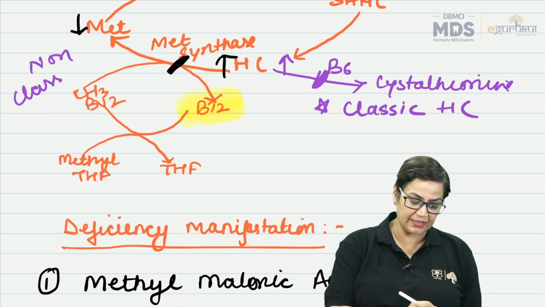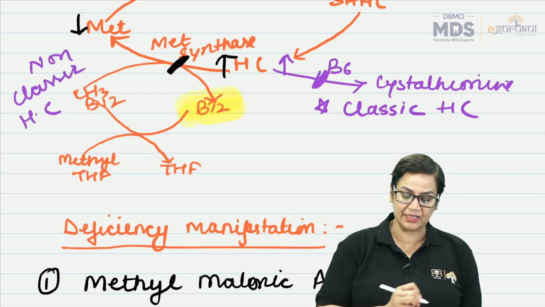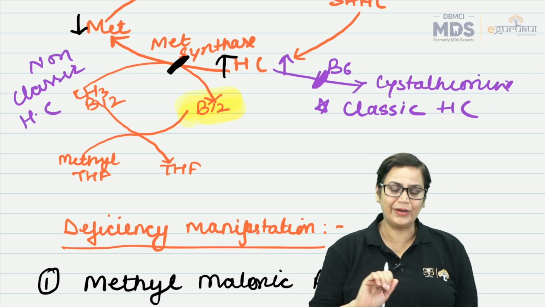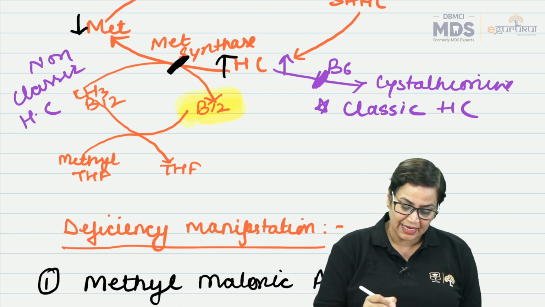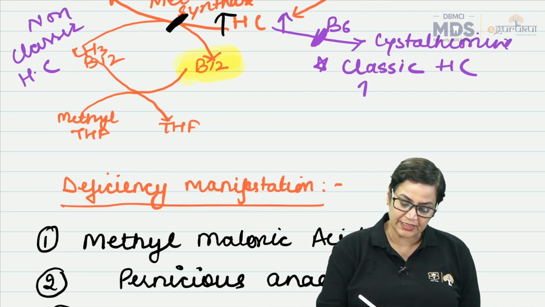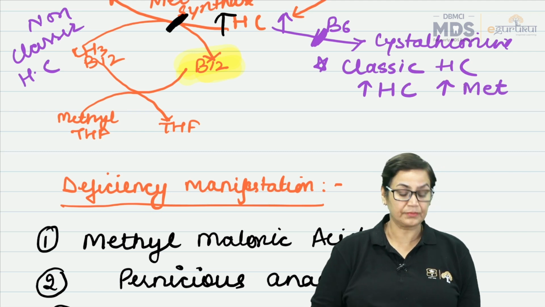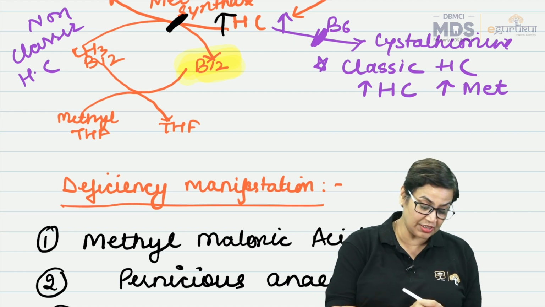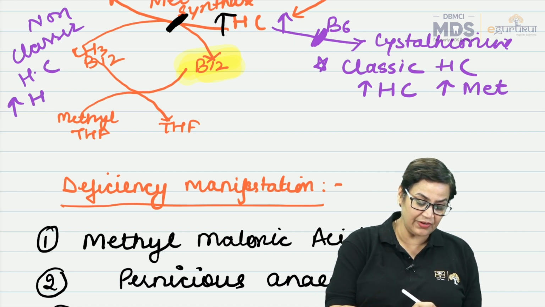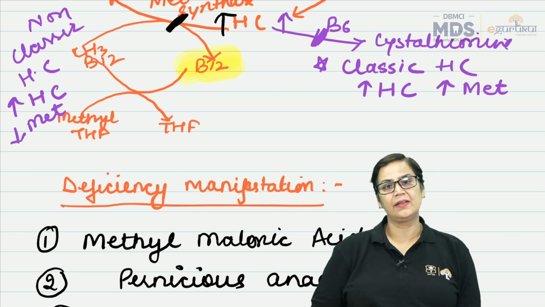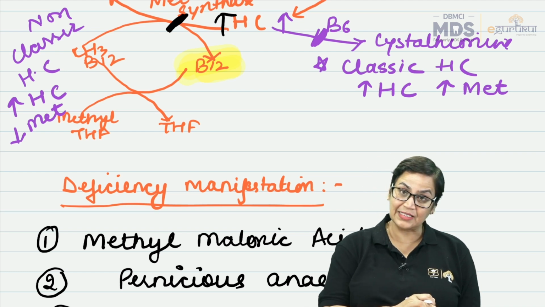And what is the difference? If you see both the images, you can jolly well correlate the differences. In classic homocystinuria, homocysteine increases, methionine also increases. Whereas in non-classic homocystinuria, homocysteine will increase, but methionine will decrease. So hypomethionemia will be there in non-classic.